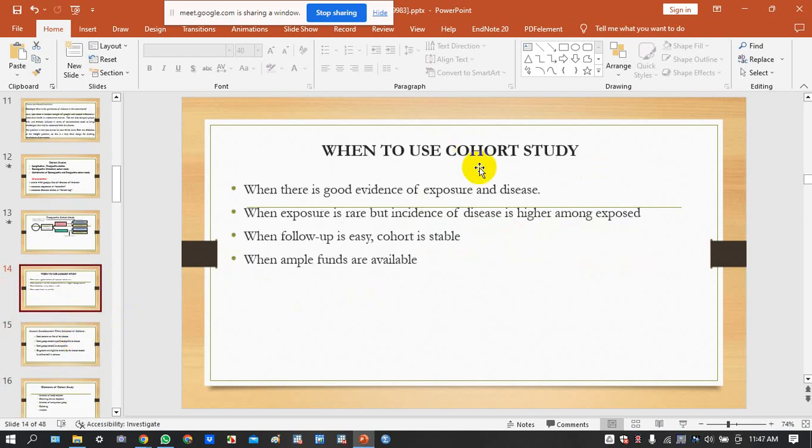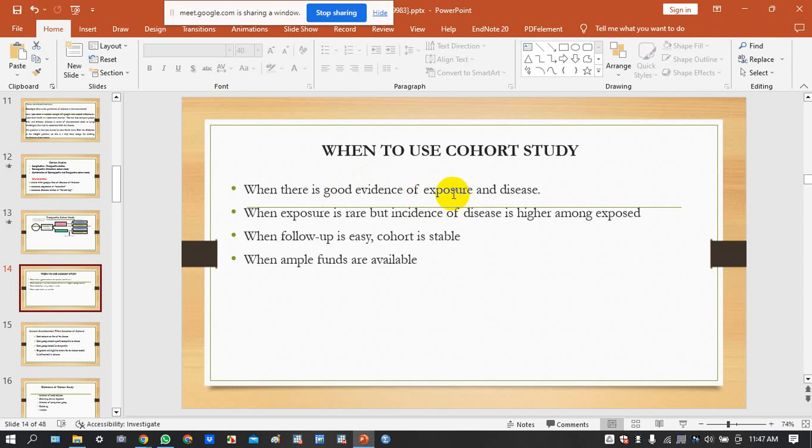So when do we conduct a cohort study? When there is good evidence of exposure and disease. So the risk factors should be there. The risk factors that give people lung cancer should be there, that when you smoke you can get lung cancer.